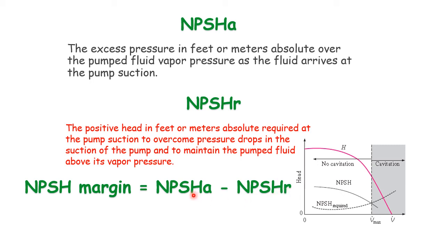If the system NPSH is not higher than the NPSHR, which is basically the characteristic of the pump, then the pump will start cavitating. In this head flow curve, the NPSHR of the pump is shown as the dotted line, and the system NPSH is shown on top of it, which shows that the NPSH available at the site is higher than the NPSHR of the pump, till we reach a point where the system NPSH becomes less than the NPSHR.